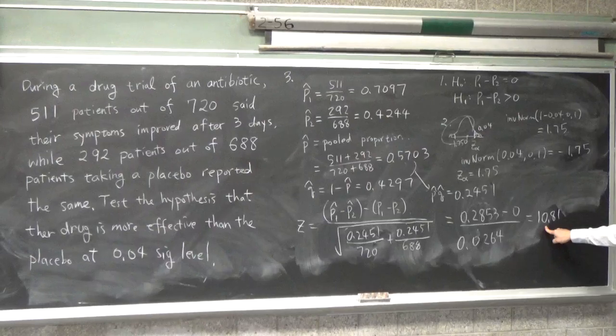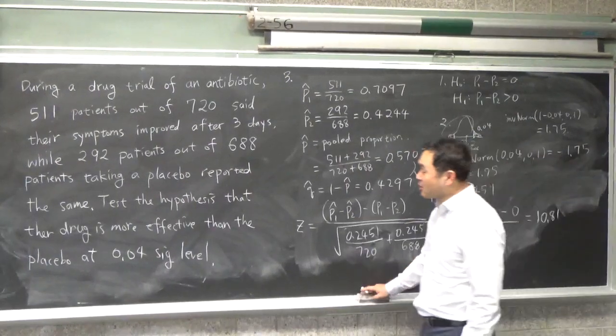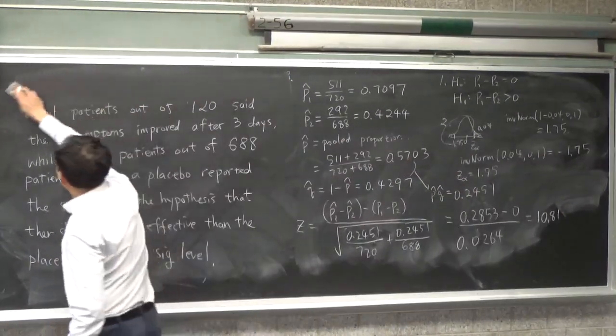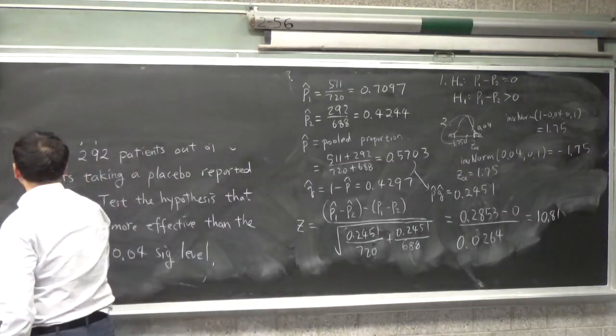Since it's in the rejection region, what do we say? What's our conclusion, number 4? The drug is effective. So we have to say two things.